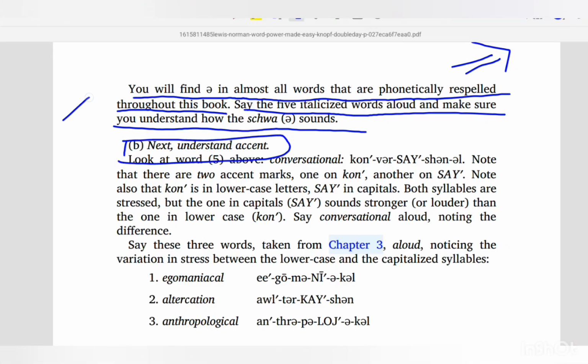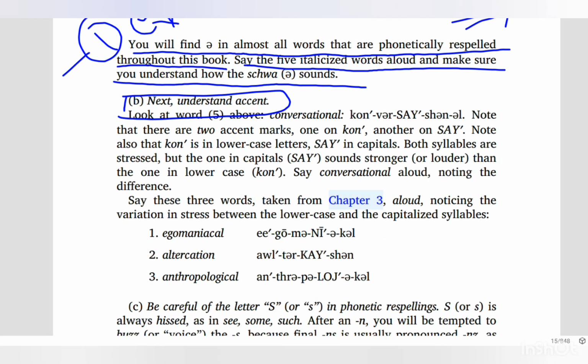First, you should remember that first we saw the upside down E, that is pronounced as schwa, right? Next, we need to understand accent. Look at the 5 words that we saw. There is conversational. Note that there are 2 accent marks. What are accent marks?